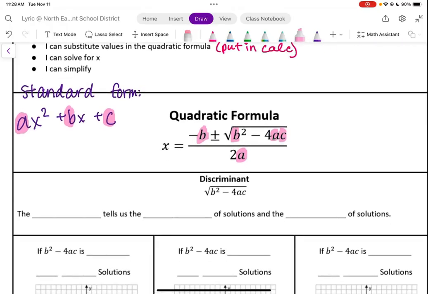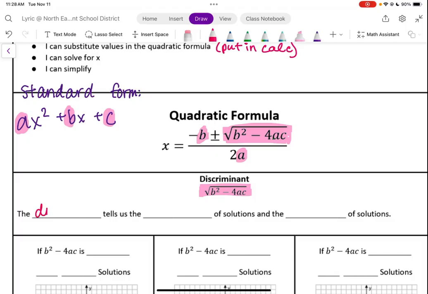So this portion with the square root and everything inside, this is called the discriminant. And the discriminant helps us to find the number of solutions and what type.